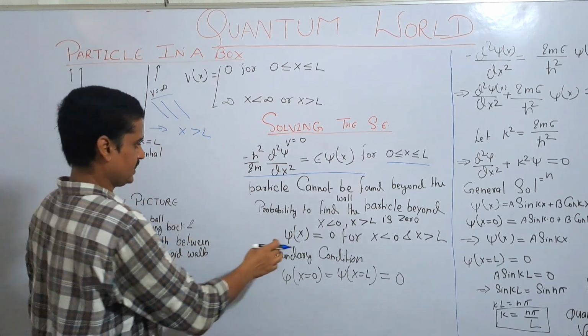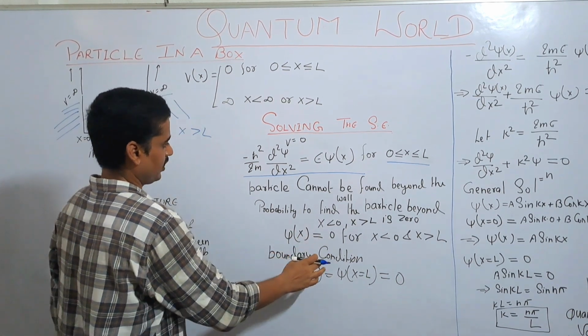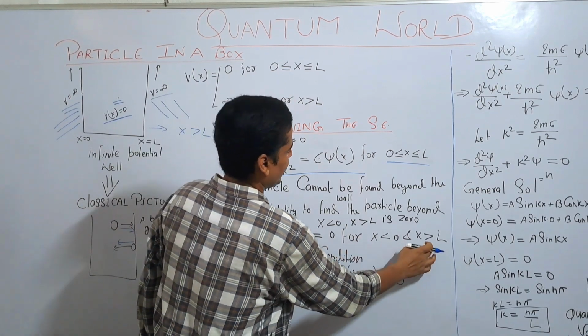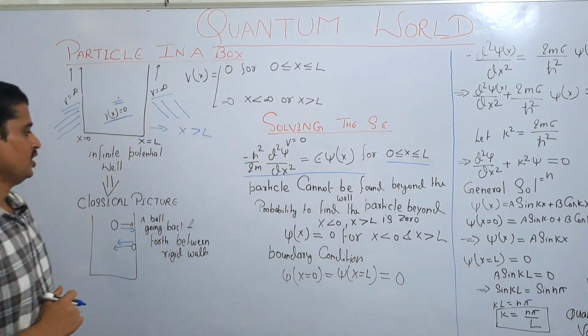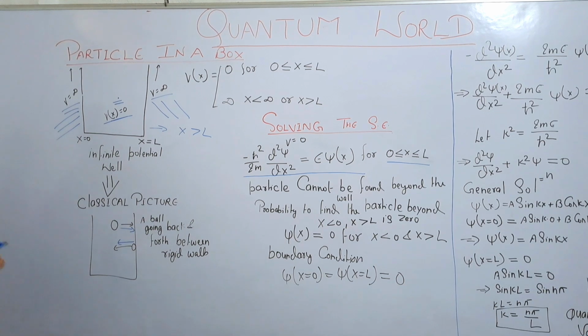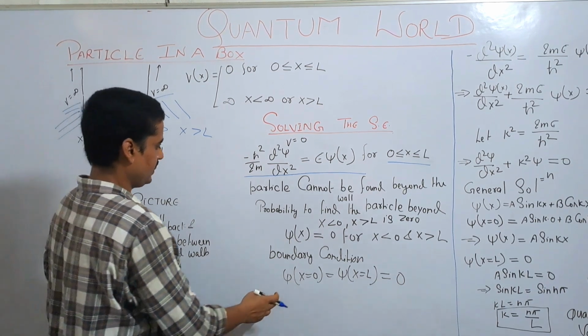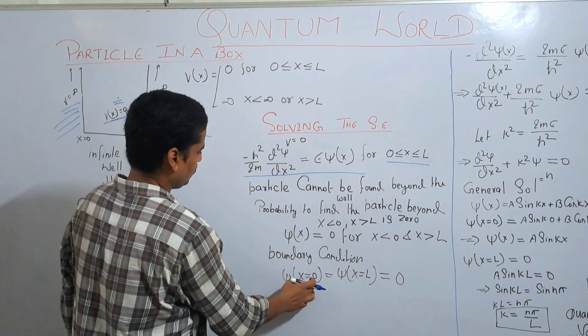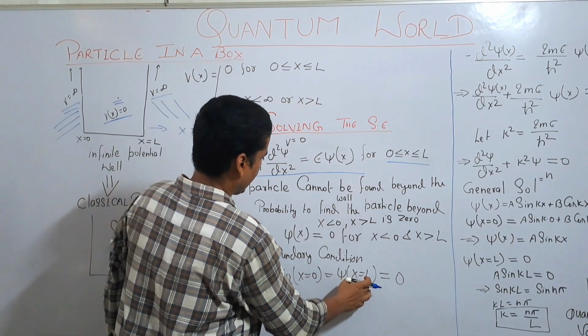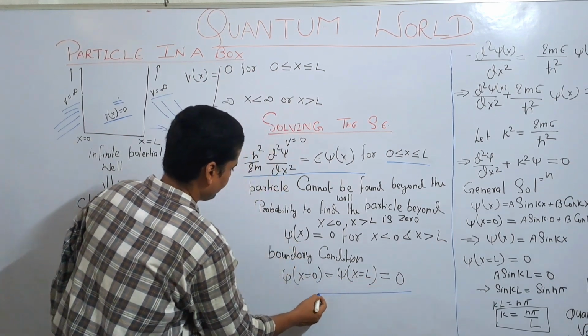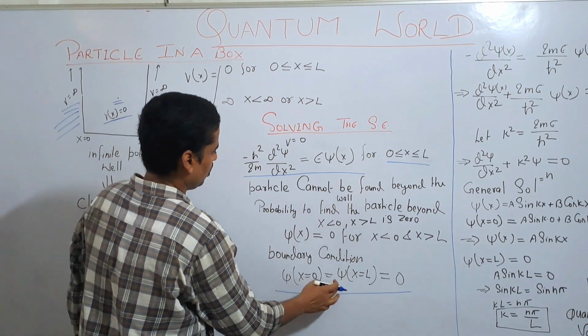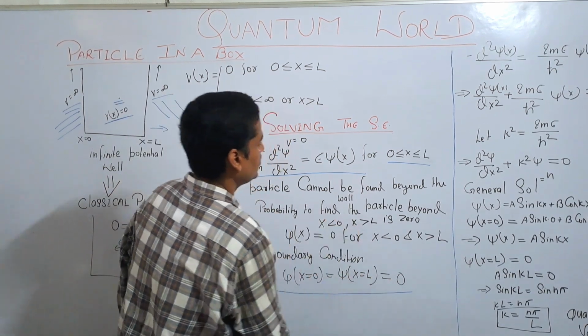So the wave function ψ(x) is 0 for x smaller than 0 and x greater than L. So we can define the boundary condition: the wave function for x equal to 0 or x equal to L is 0.